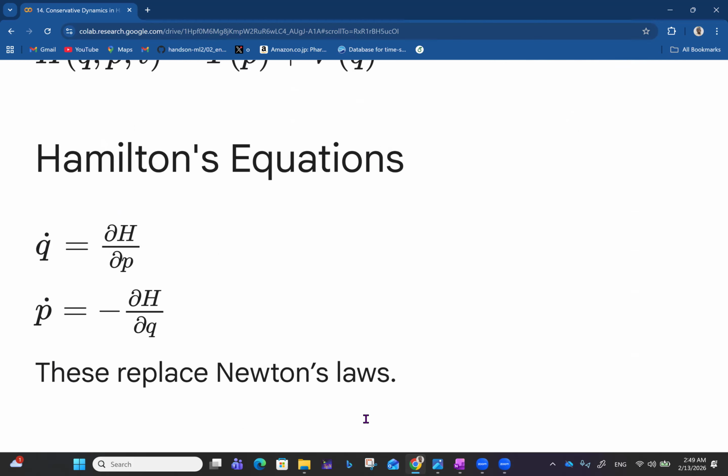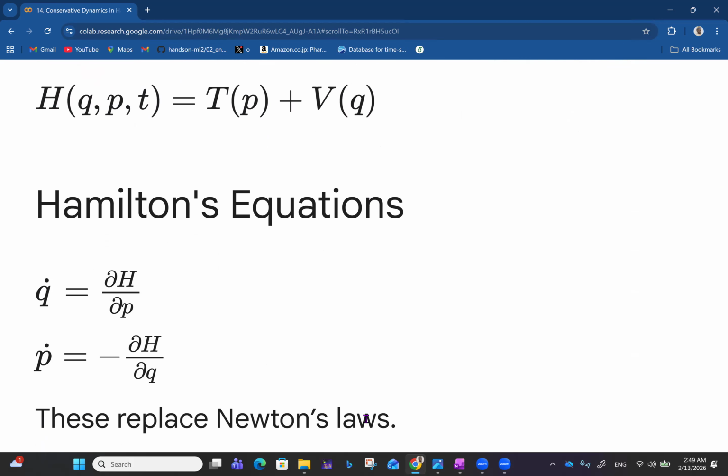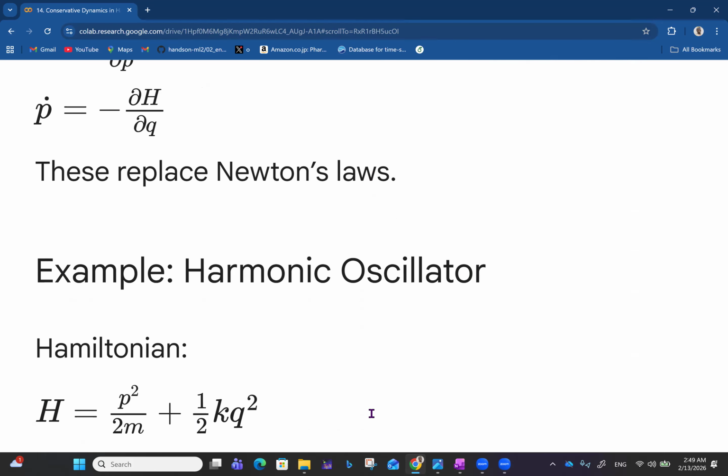From that, we have the Hamiltonian equations: q dot is partial H partial p, the partial derivative of the Hamiltonian with respect to p, and p dot is minus partial H partial q. This replaces Newton's laws.